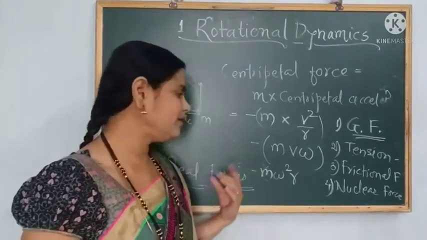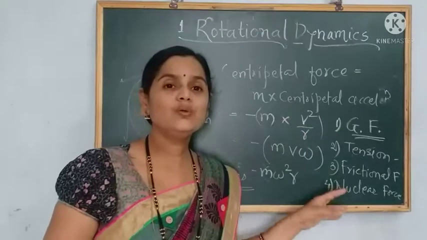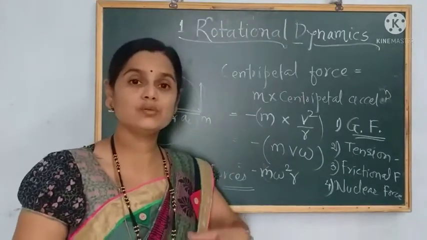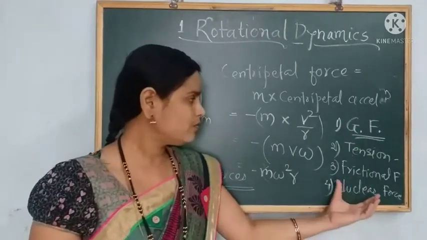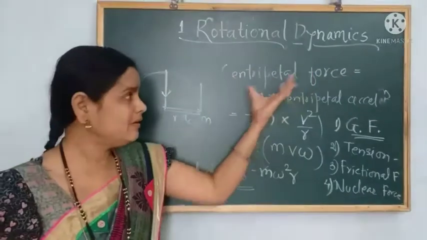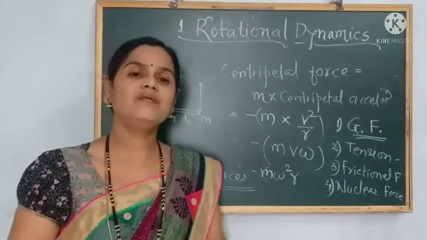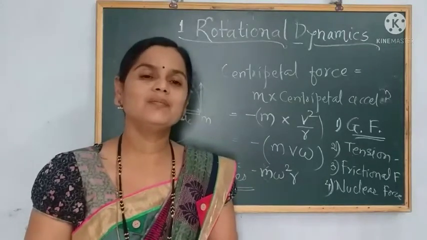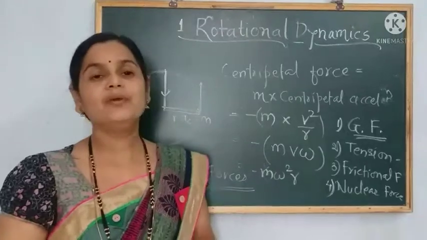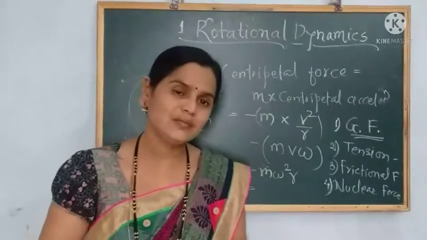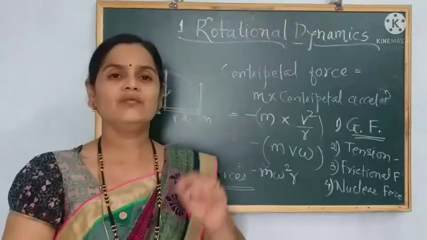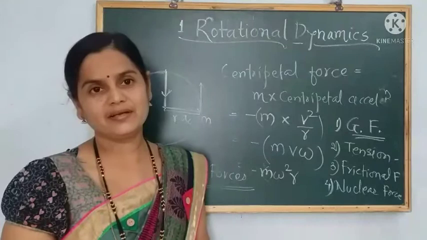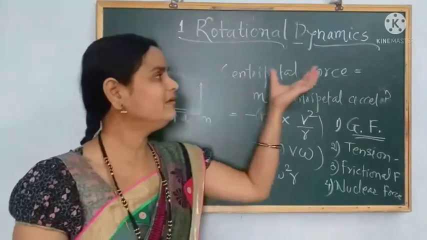Such forces act as the centripetal force in different types of circular motion and keep the body in a circular path, producing an acceleration which is the centripetal acceleration, always lying along the radius and towards the center. Thereby we call it the centripetal force.